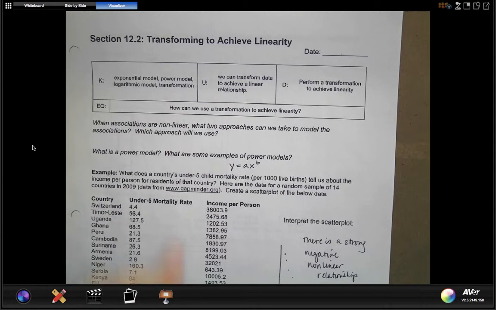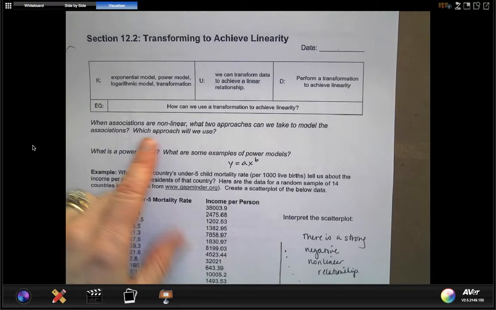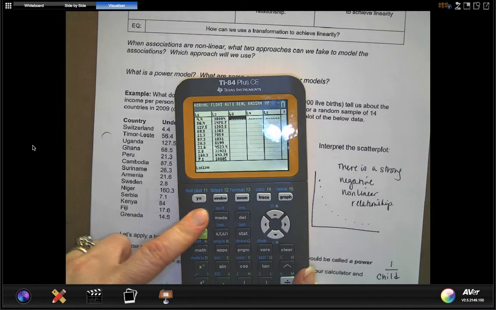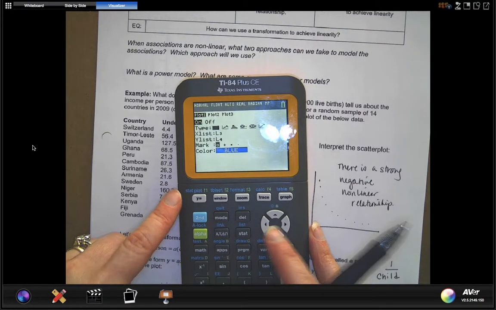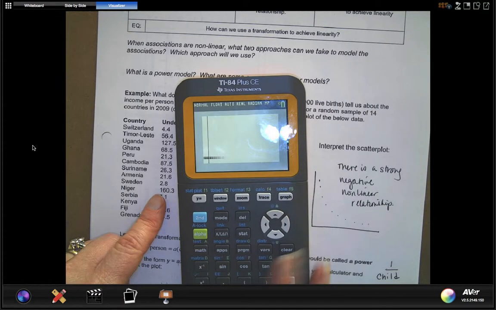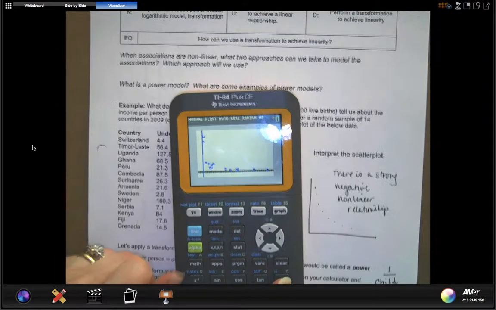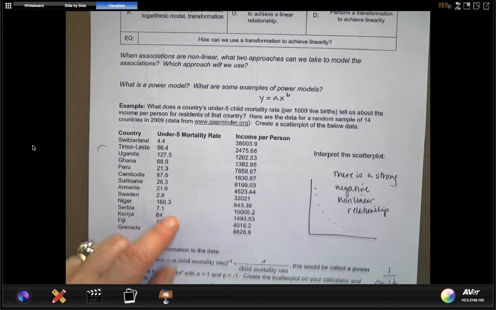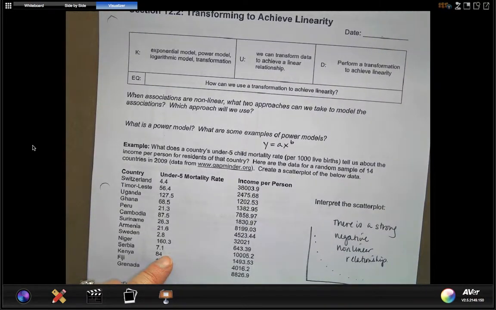In this section right here, the idea is that sometimes your data is not linear. So this data set right here is definitely not linear. If I look at this picture of this data set, you can see that there's not a linear pattern there. So if things are not linear, you have two choices.